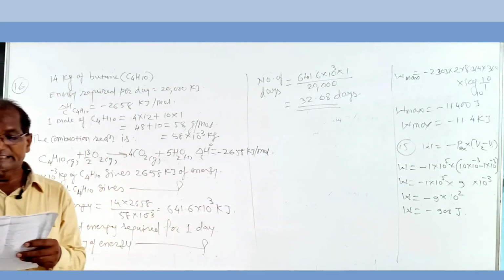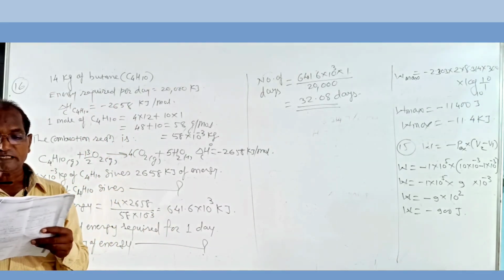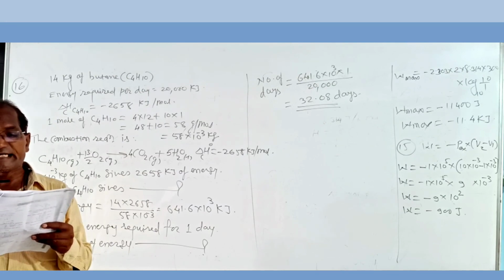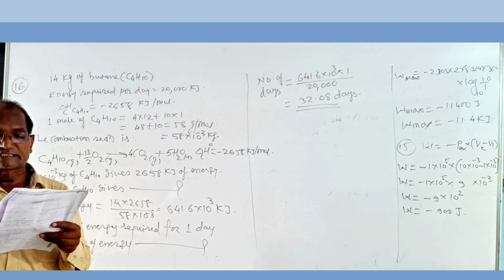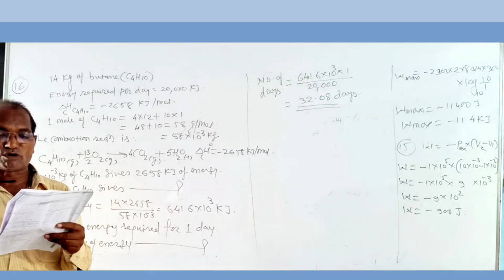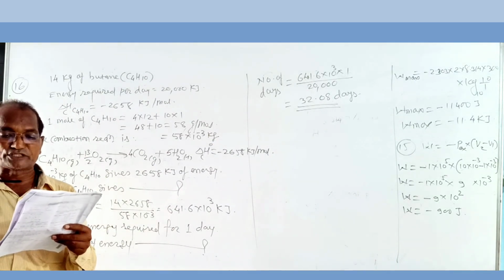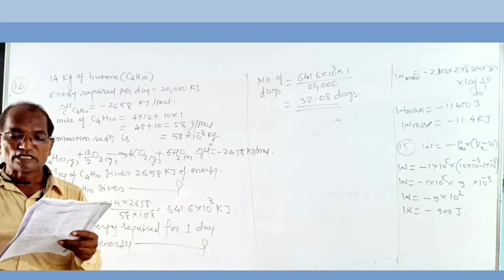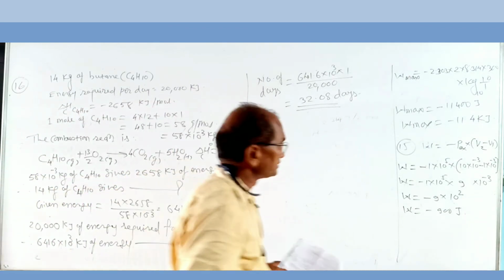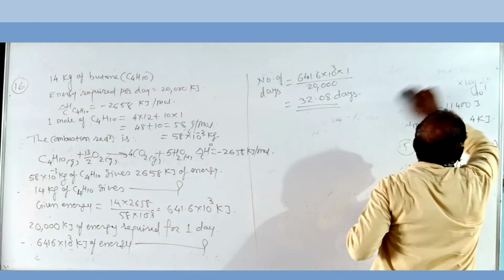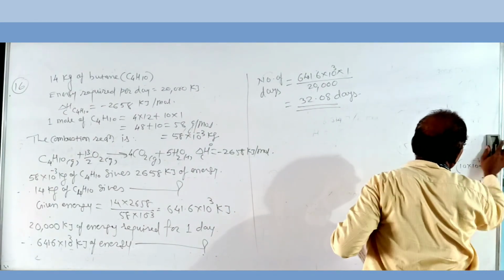Then question 17. What would be the heat released when an aqueous solution containing 0.5 mole of HNO3 is mixed with 0.3 mole of OH minus? Enthalpy of neutralization is minus 57.1 kilojoule per mole. What is neutralization?